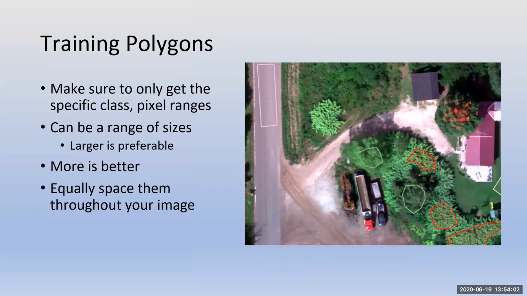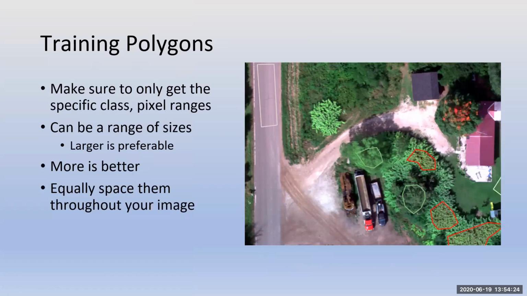So these are some training polygons in the image to the right. In the image, there's a square polygon in the road, which is kind of a light yellow color. All those pixels will be classified as roads.